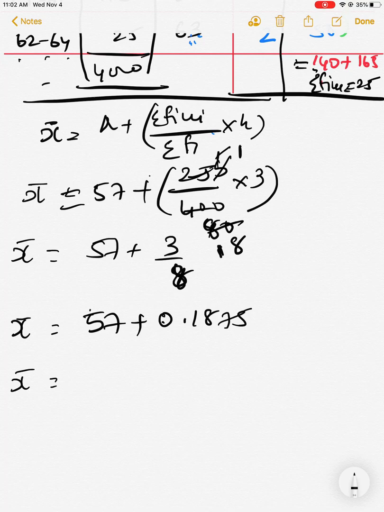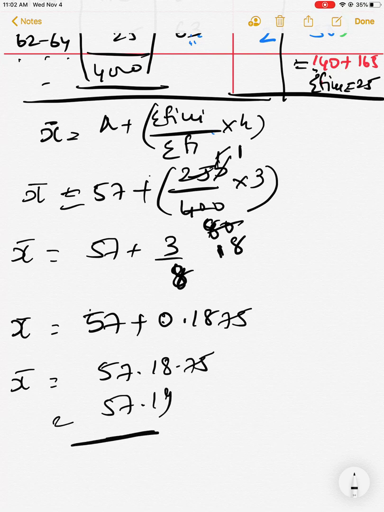So bar x is equal to 57.1875, which means we can write 57.19.